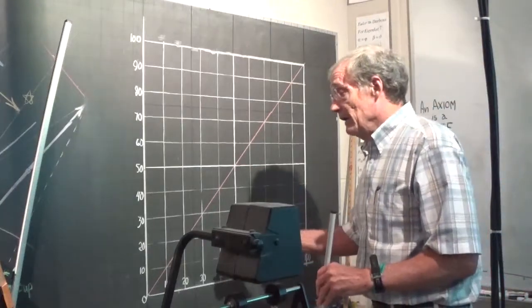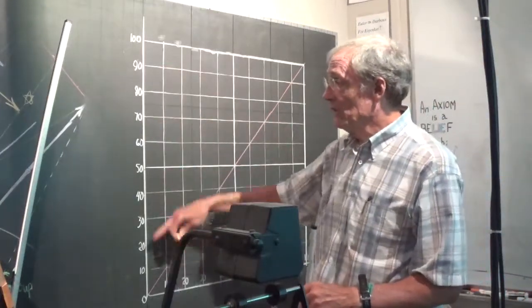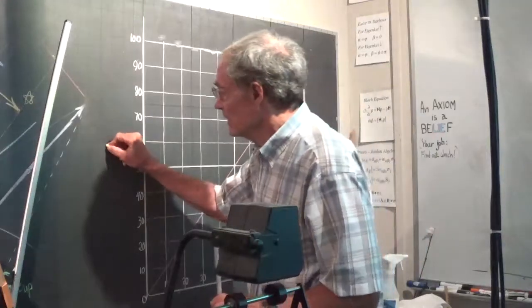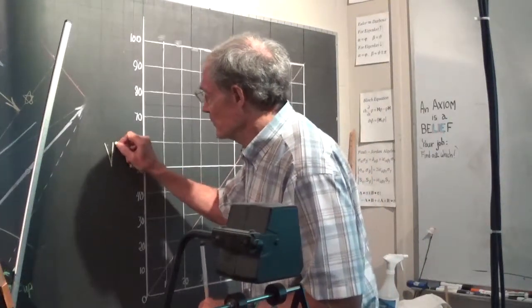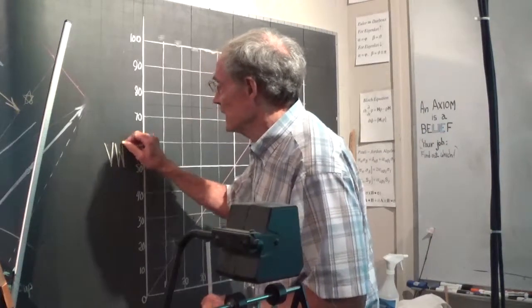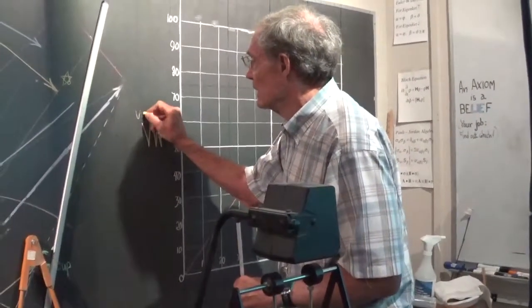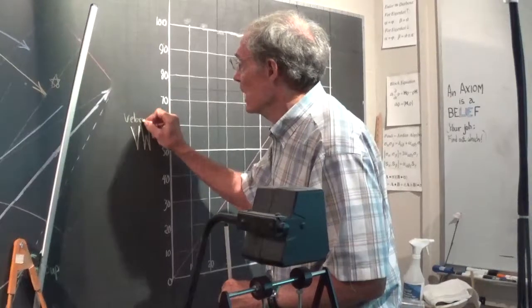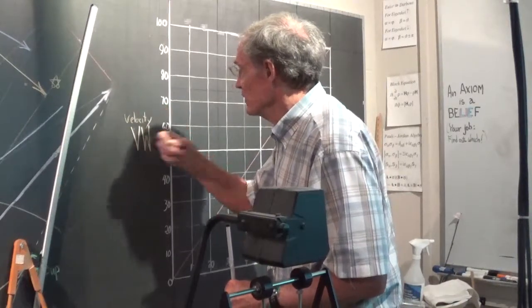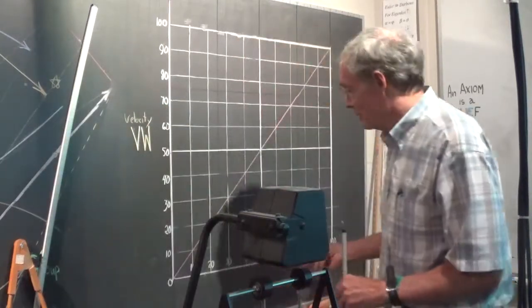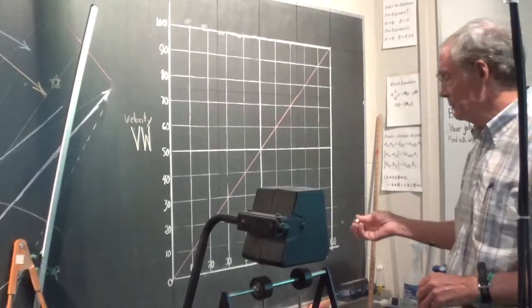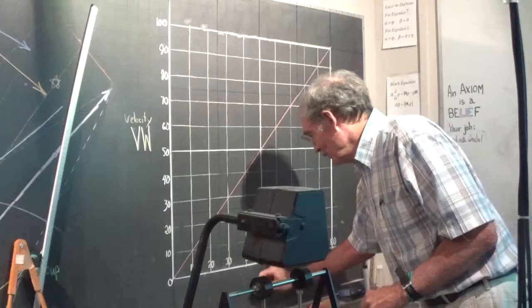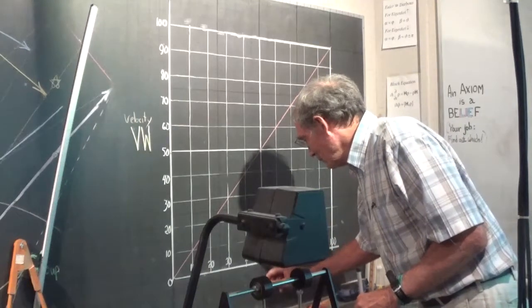So here on this axis is VW, velocity of the VW, okay, velocity. And this is in miles per hour, just using good old-fashioned English kind of units that are used by traffic cops when they give you tickets for speeding. If you've ever gotten one of those horrible things.